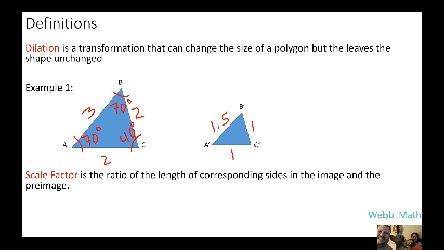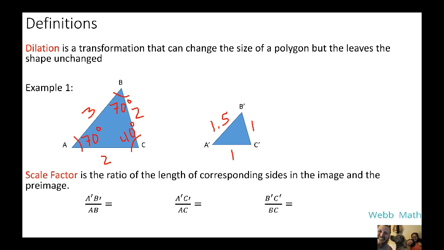So, how much smaller? Well, in comes our next definition, a scale factor. A scale factor is the ratio of the length of corresponding sides in the image and the pre-image. Your image is the one to the right. Your pre-image is the one before you threw the triangle into the dilation.